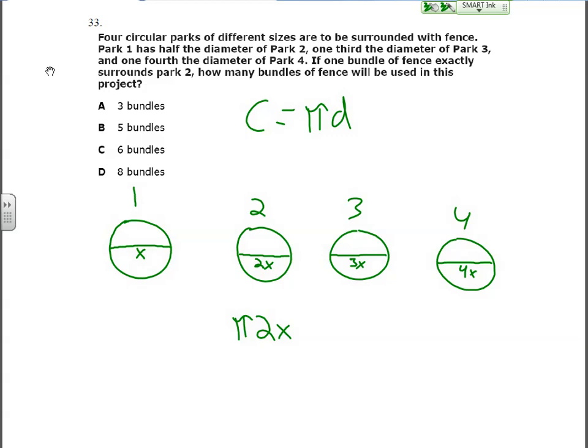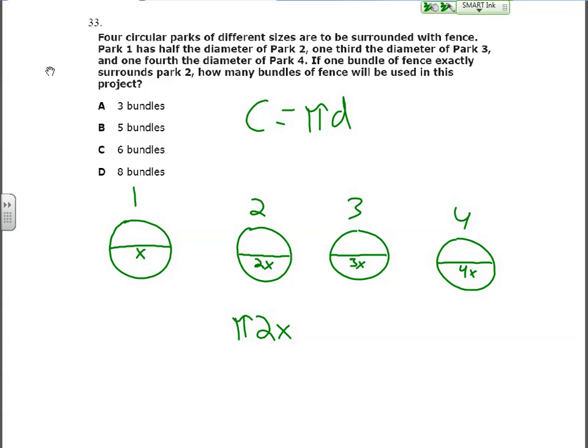I realized that if 2x had one bundle, then x would have to equal half, and then basically I just inserted that for x and I got 2.5. So let's hold that for right now.